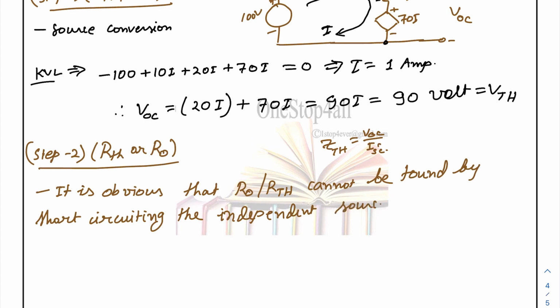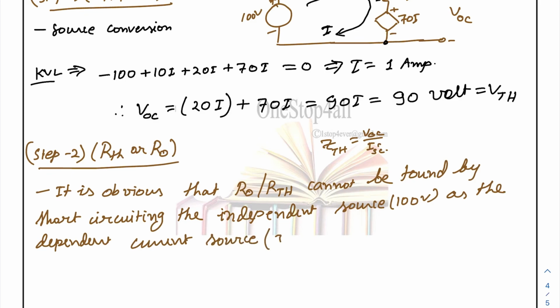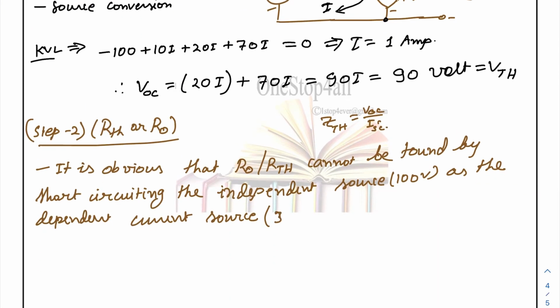Our dependent source, that is the dependent current source, which is 3.5 I, as I will be 0 by short circuiting the 100 volt, the dependent current source also gets eliminated.